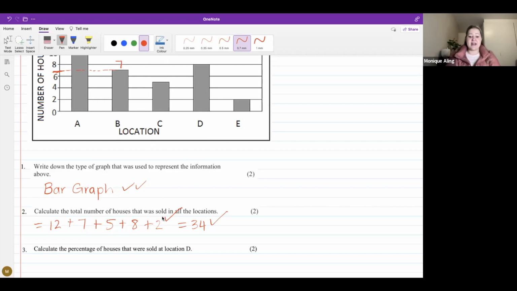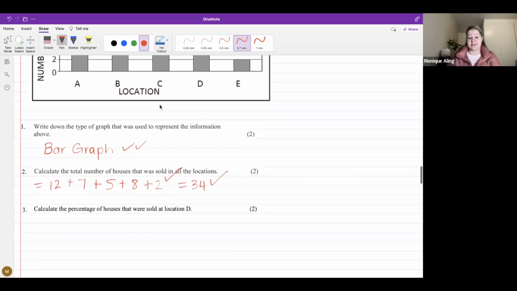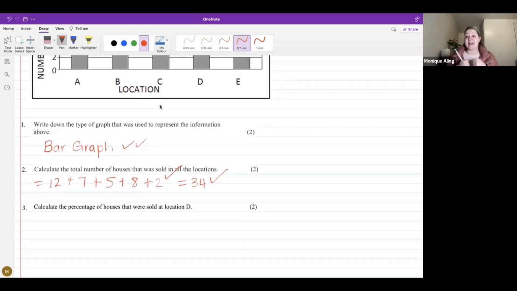Okay, guys, so when making a percentage, or determining the percentage, we always take what we're looking at. So we're looking at D. D has 8 houses sold. So we always take what we're looking at over the total, and because we want it to be a percentage, we times by 100.